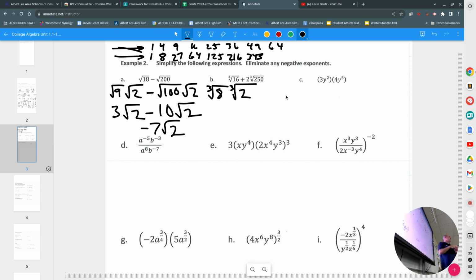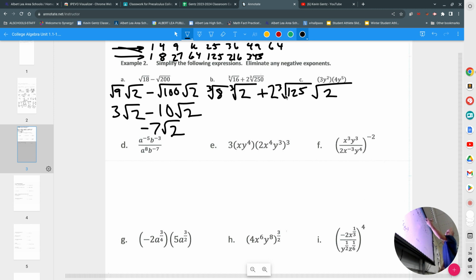They don't grab a perfect cube, they grab a perfect square. And then I add that to 2 cube roots of, what's the perfect cube that divides evenly into 250? 125. And that goes in twice. Okay?